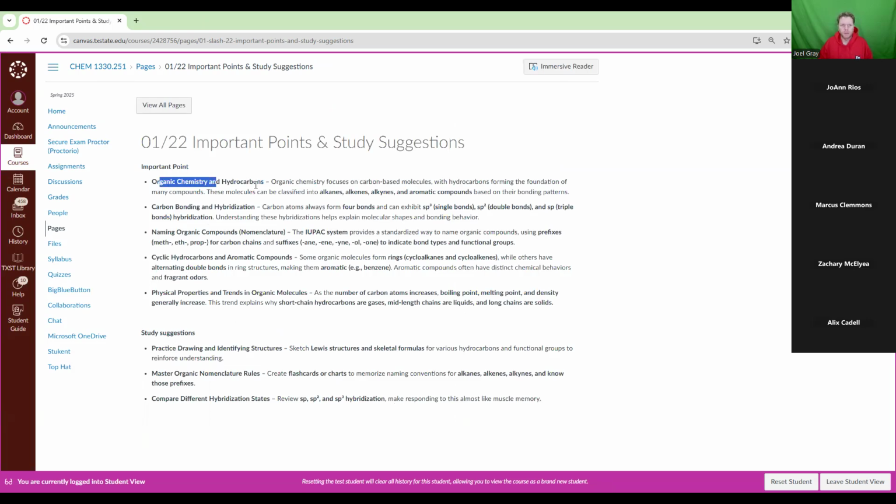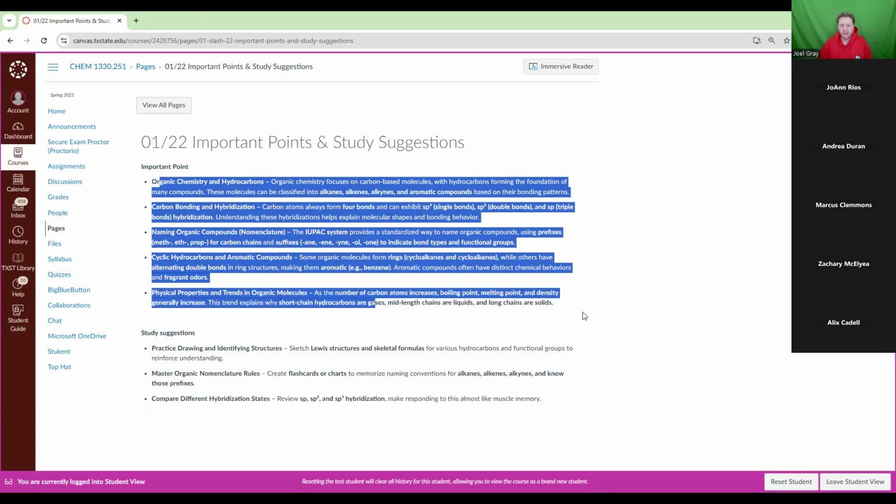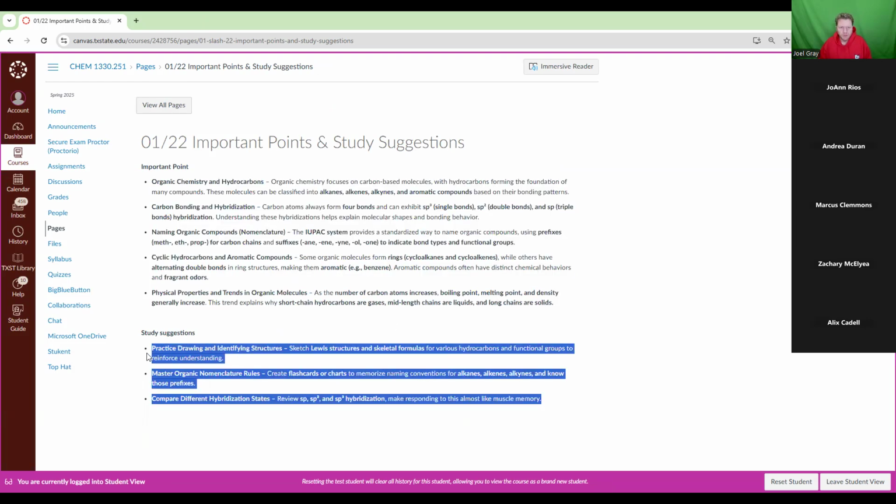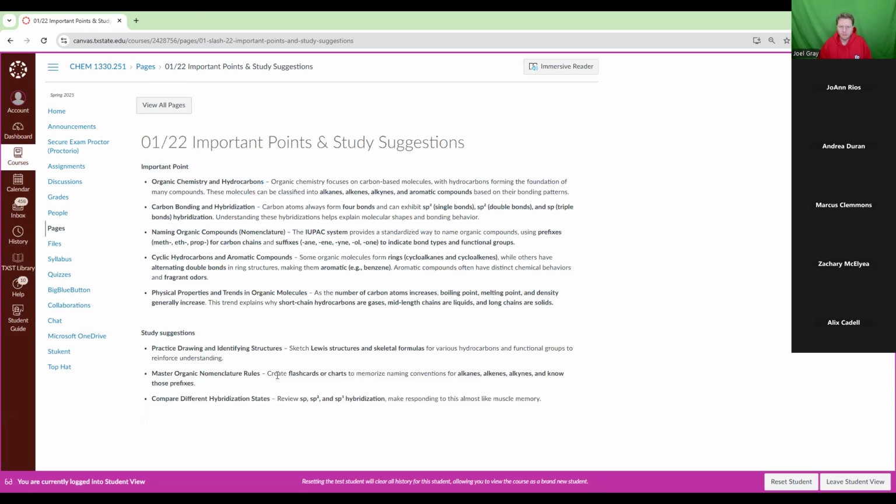The important points on the 22nd, I tried to make it as simple as possible. Here are five different things, some of the things that we talked about. And then some light suggestions: sketch Lewis structures and skeletal formulas and maybe make some flashcards. Memorize naming conventions, like prefixes and suffixes.